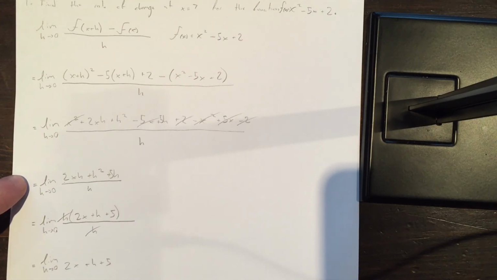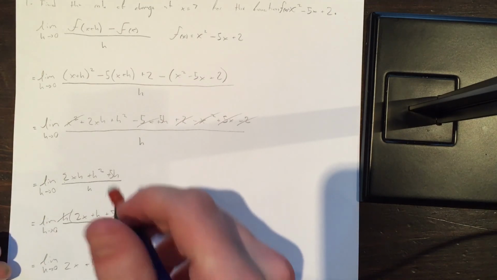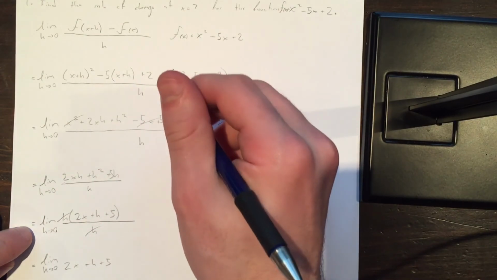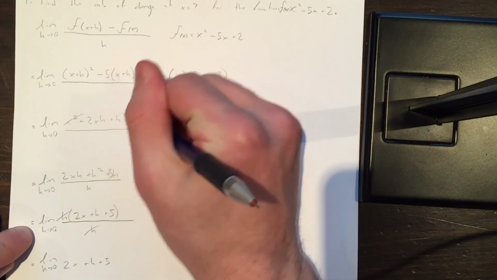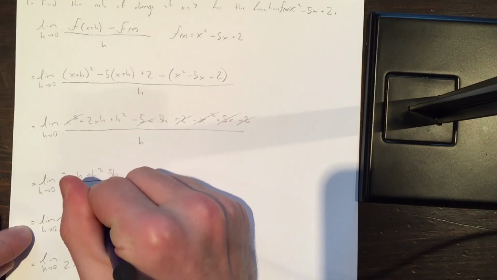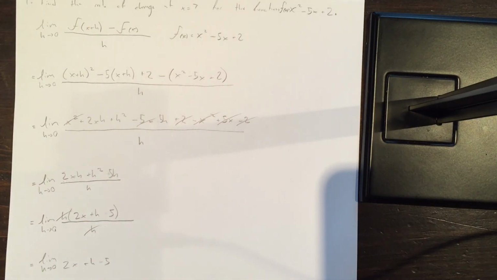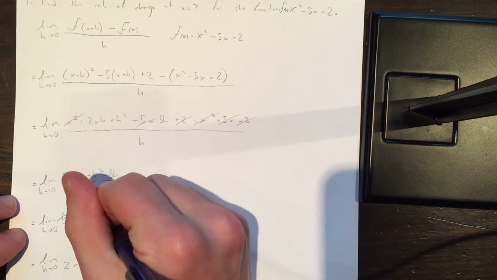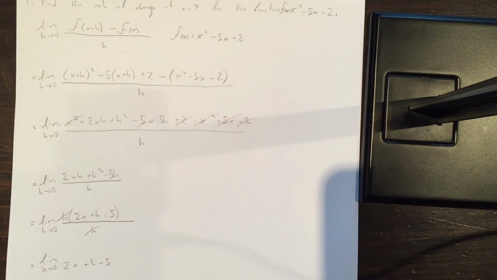So now once h is set to 0, we're going to be left with 2x plus 5, or minus 5, sorry. So that is 2x minus 5.